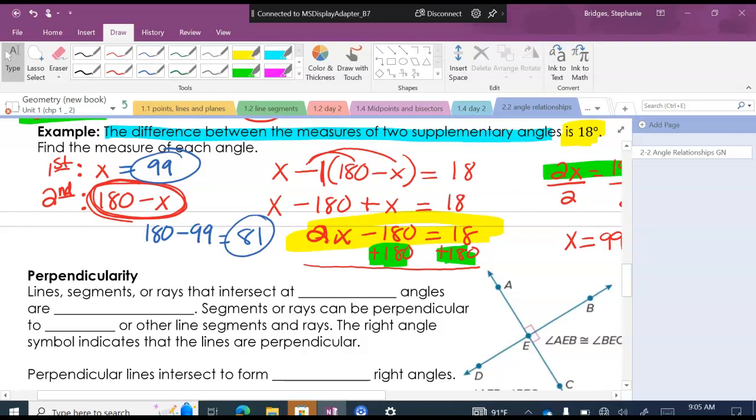We subtract that. So I get negative 2x equals, all right, no, 162. And then if I divide by negative 2, that gives me 81, and then I would go 180 minus 81 and still get 99, right? So either way, I get both answers.